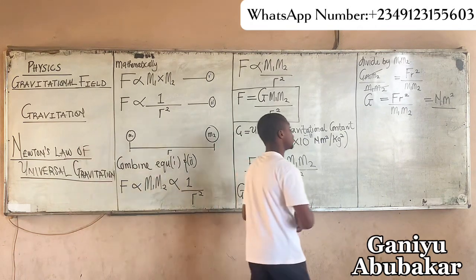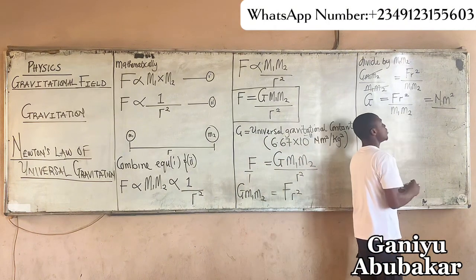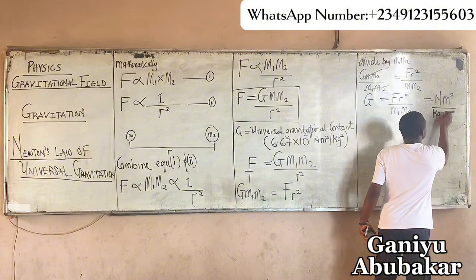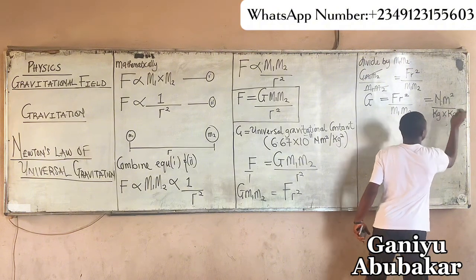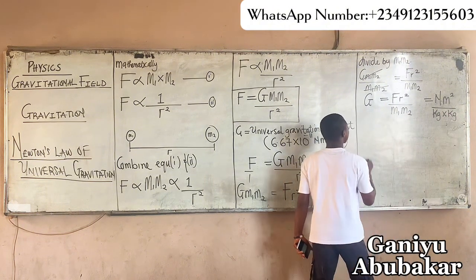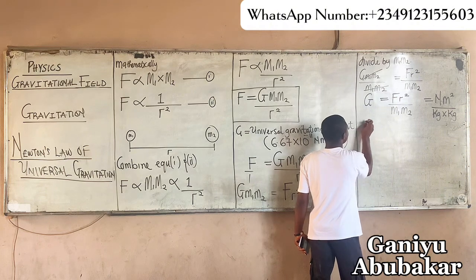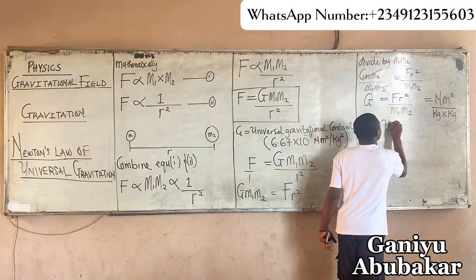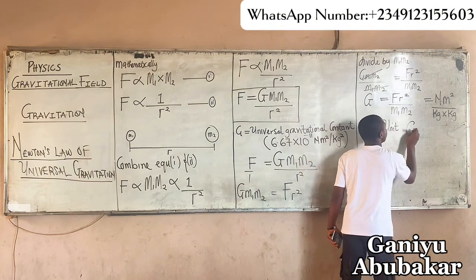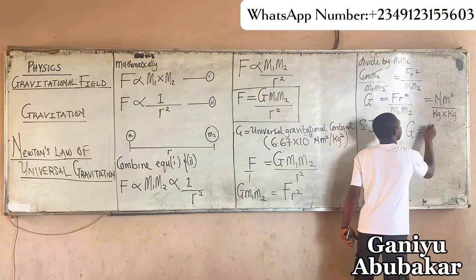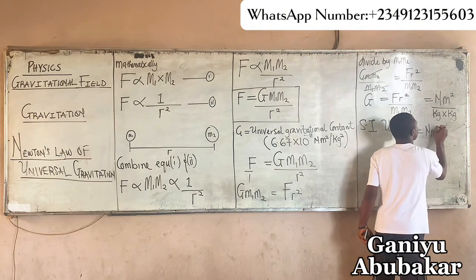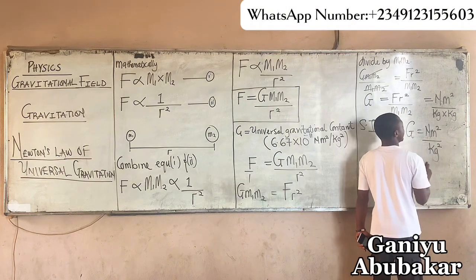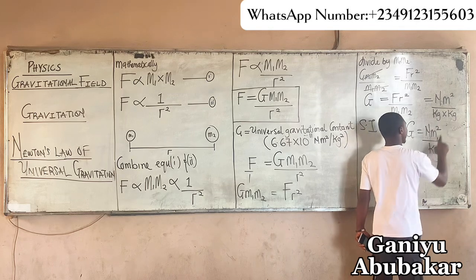So if I'm having M1 M2, that becomes kilogram times kilogram. What do I have here? I'm saying that the SI unit for capital G is given as Newton meter squared per kilogram square.